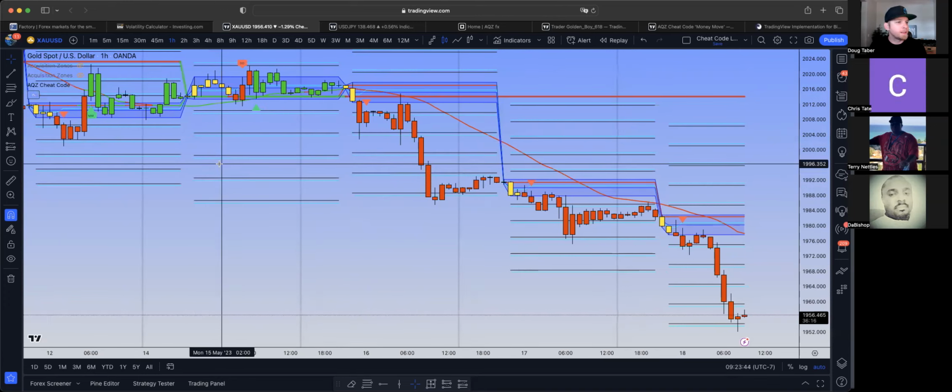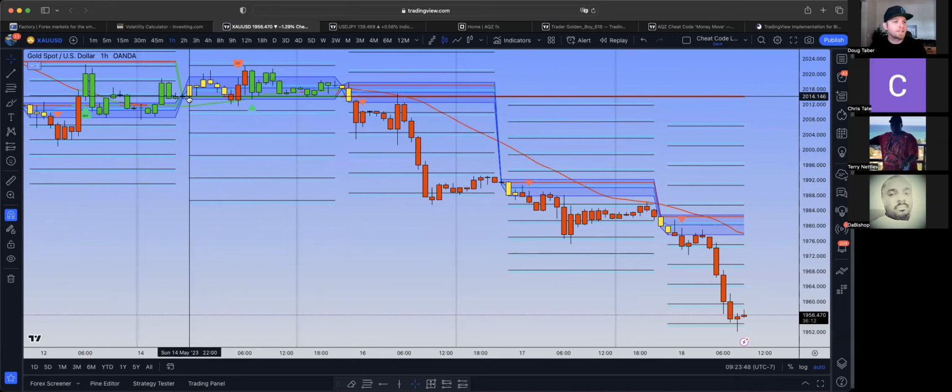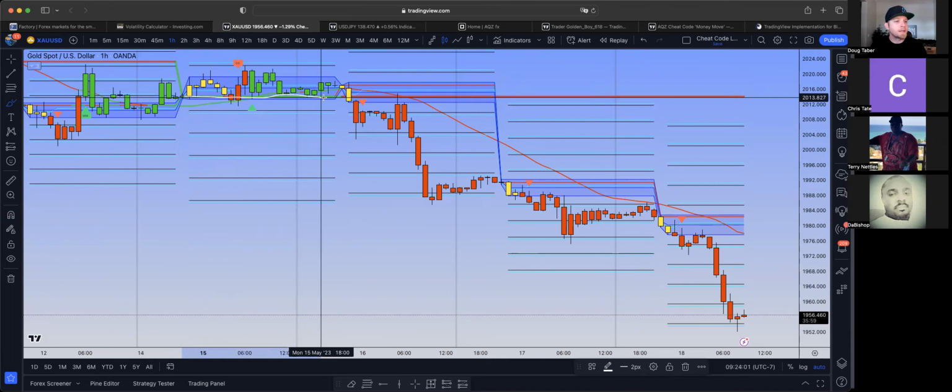Our first element that I want to review is our weekly sentiment line. Our weekly sentiment line starts on Monday, midnight, Eastern Standard Time.